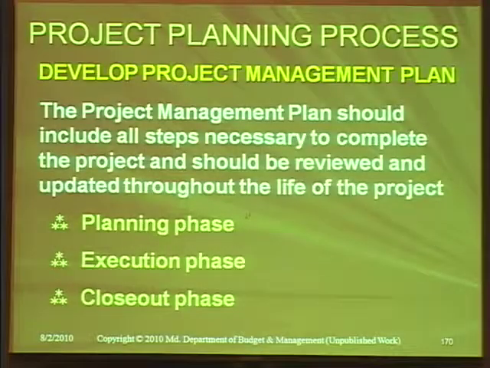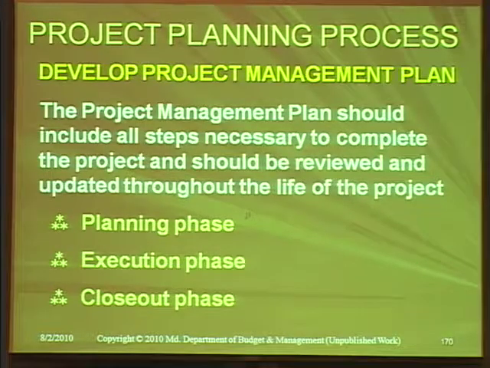Now we're going to focus on project planning generically. What is involved in planning for a project? For planning, you actually plan 3 different aspects of a project. You plan for what we call the planning stage, what you have to do to come up with the plan for everything else.